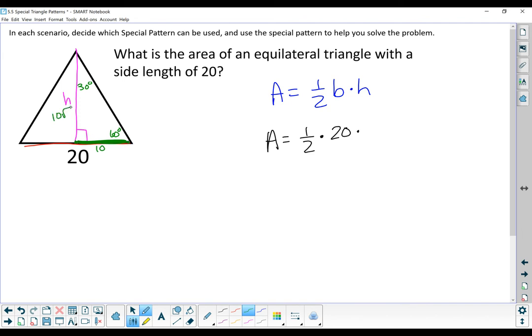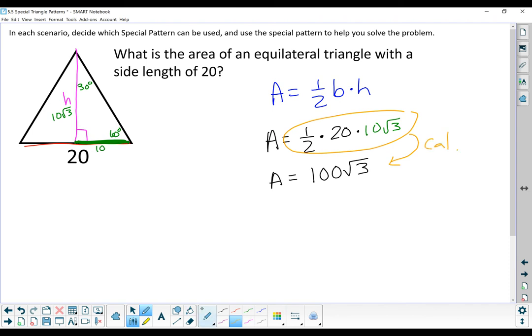That means the height is 10 root 3. So now we can calculate that and get that the area is equal to 100 root 3. You can type that all into your calculator to get that. Or if you needed a decimal, it is approximately 173.2.